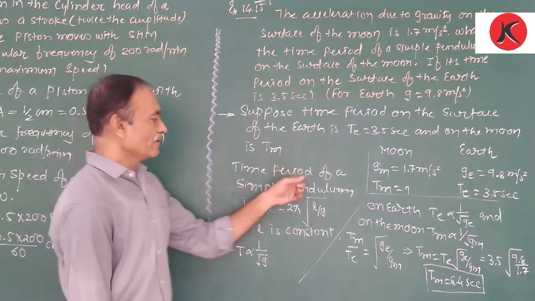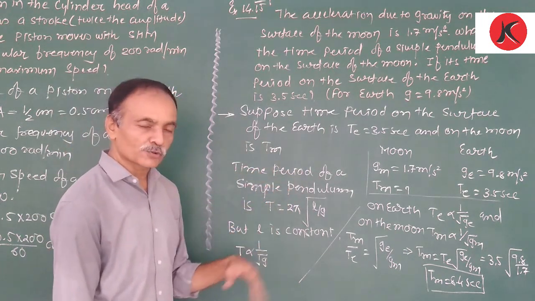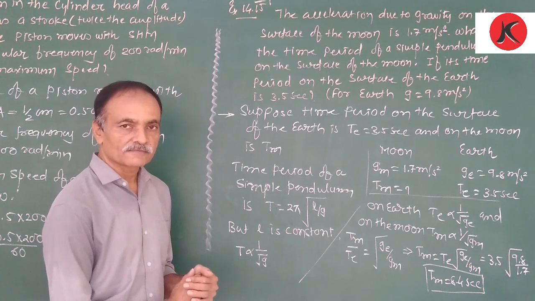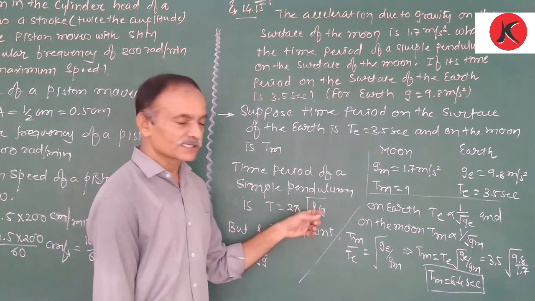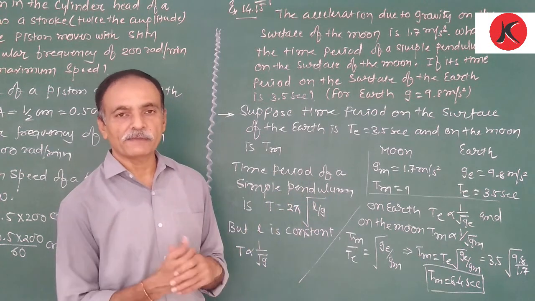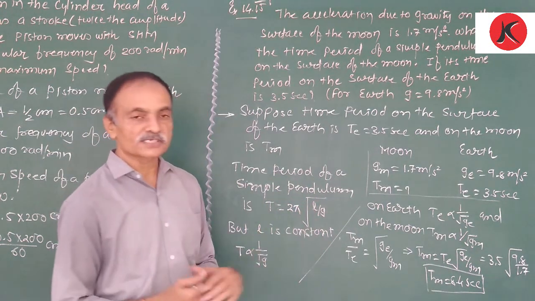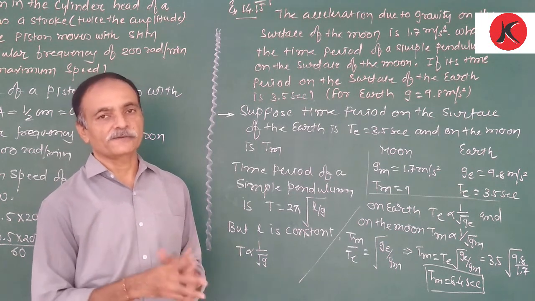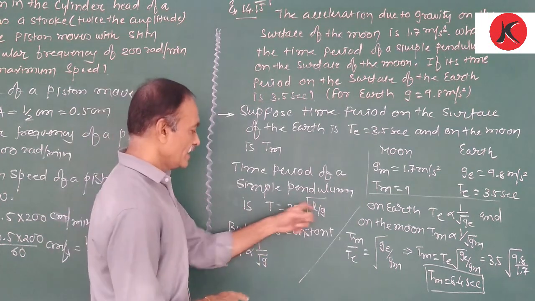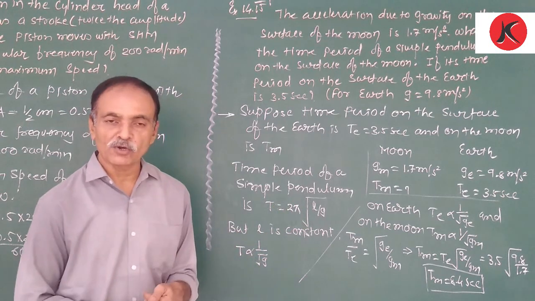Now, the time period of a simple pendulum T is equal to 2 pi under root of L upon G. Here, the time period is directly proportional to the square root of the length of the pendulum and inversely proportional to the square root of the gravitational acceleration of the surface. Here, the length of the pendulum is constant in both cases.